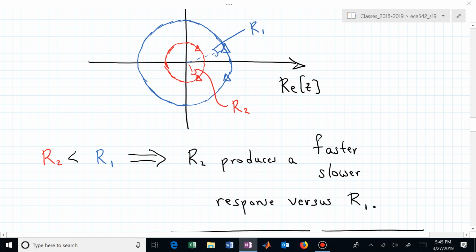R2 produces a faster response than R1 does. And those are the kinds of questions you need to be thinking about relative to problems 1 and 2.